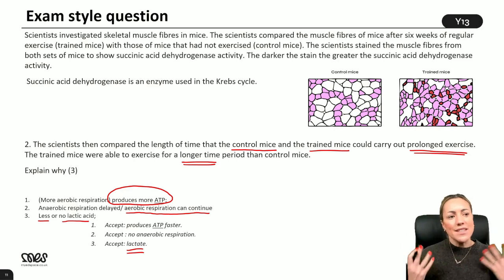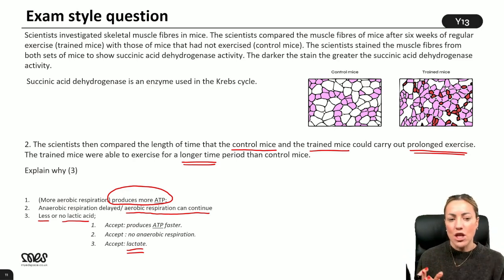So this is obviously an advantage of continuous training. It's suggesting to me that the more you exercise and the more you use your muscles, the more slow twitch muscle fibers develop, which is good because slow twitch muscle fibers are adapted to do aerobic respiration, which is good because it makes more ATP and it does not produce lactic acid.